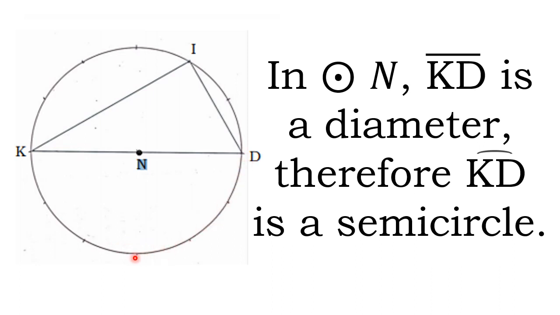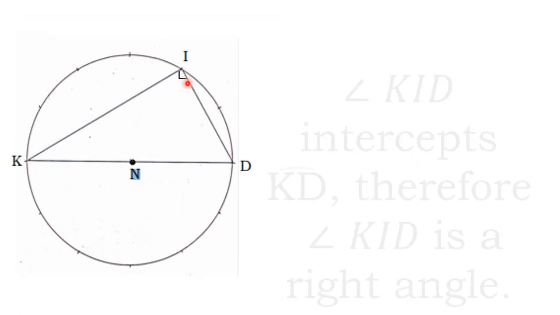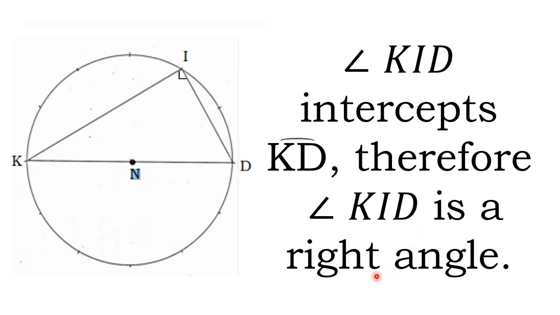Since it's a semicircle, it follows that angle KID is a right angle. So angle KID is a right angle since it intercepts arc KD, which is a semicircle.